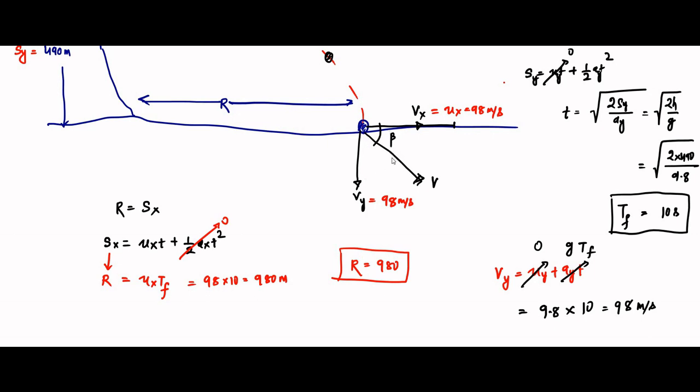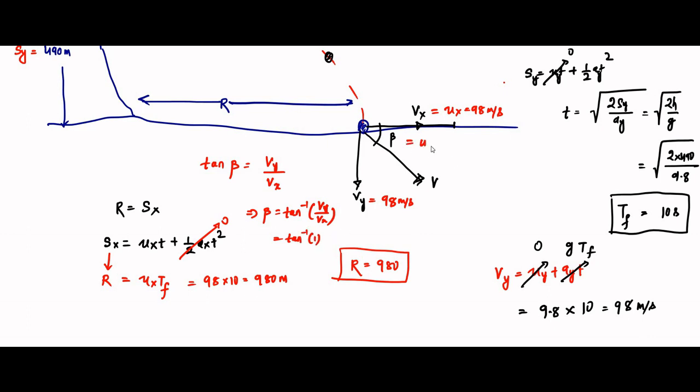So now we can calculate beta. Okay, here tan beta is equal to Vy by Vx. That implies beta is equal to tan inverse of Vy by Vx, which is equal to tan inverse of 98 by 98, which is equal to tan inverse of 1, which is equal to 45 degree.